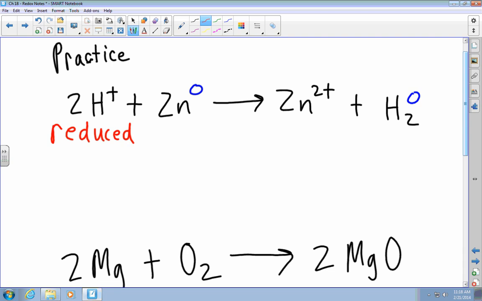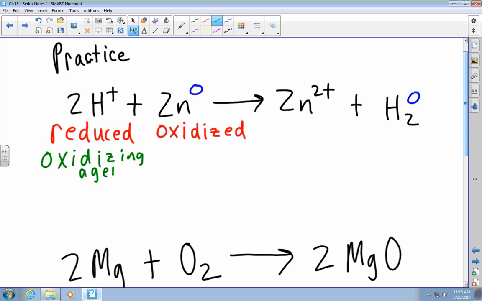So if the charge is going up, it's oxidized. And so if the hydrogen ion is being reduced, it's the what agent? It's the oxidizing agent. And if the zinc is being oxidized, it is the what agent? Reducing agent. It's just the opposite.